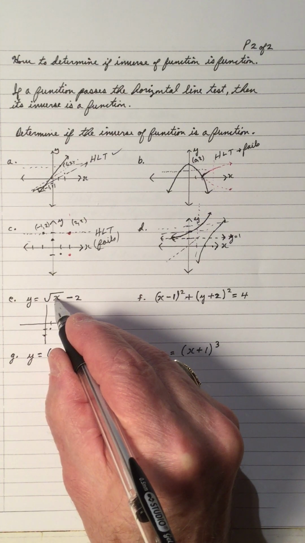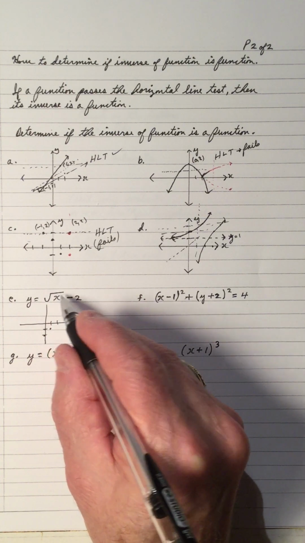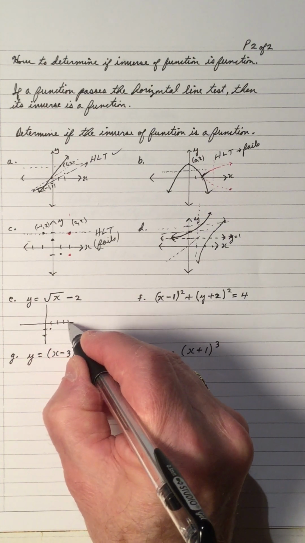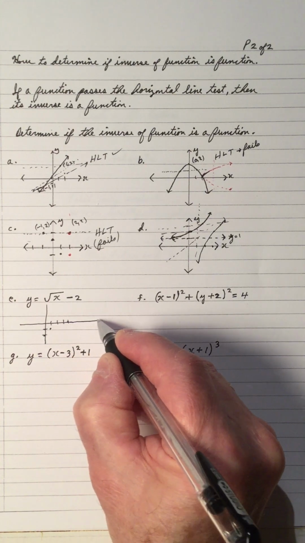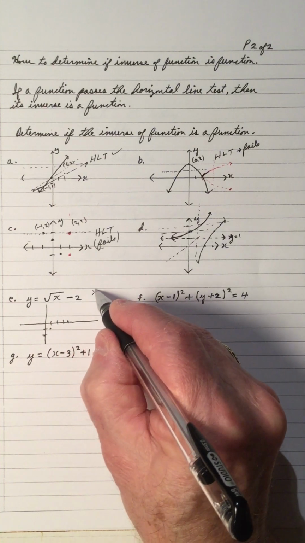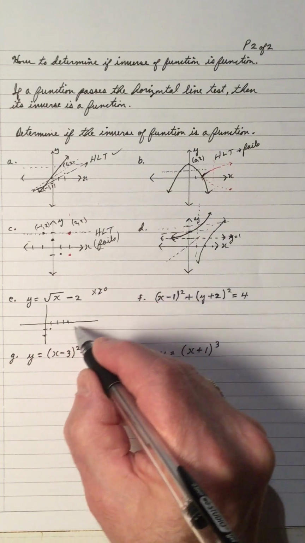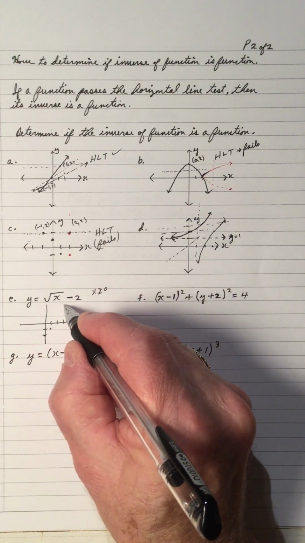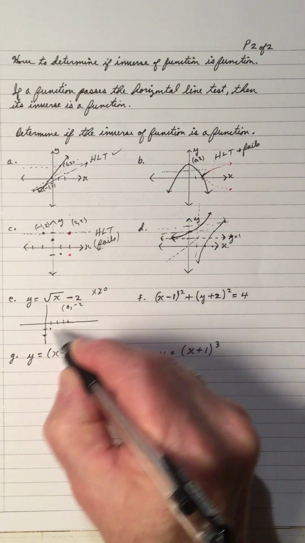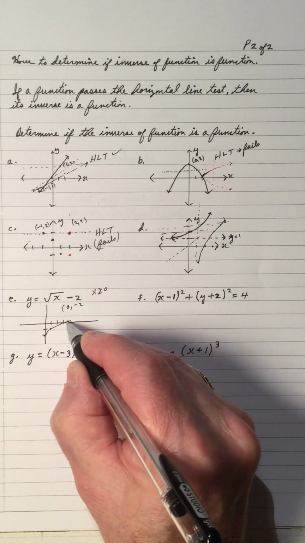When x is 4, that's a 2, so y is 0. And I keep on going. X can be greater than or equal to 0, so it starts at this point, x is 0, y is negative 2, and it moves like this.